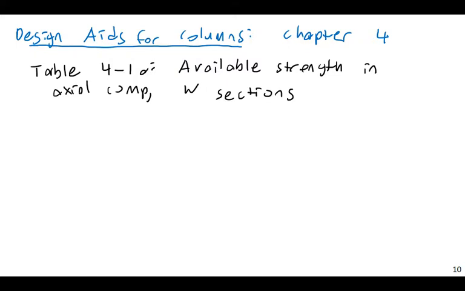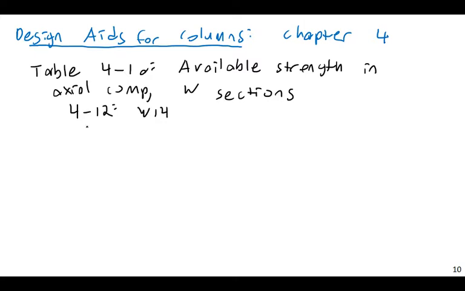So here they have a whole bunch of different pages, different tables for different shapes. For example, this is on the 15th edition, page 4-13. This is for a selection of W14s. Well, actually, it probably starts on 4-12.